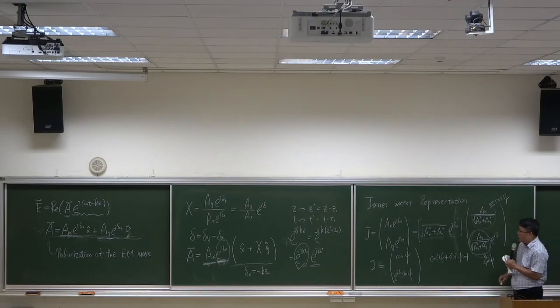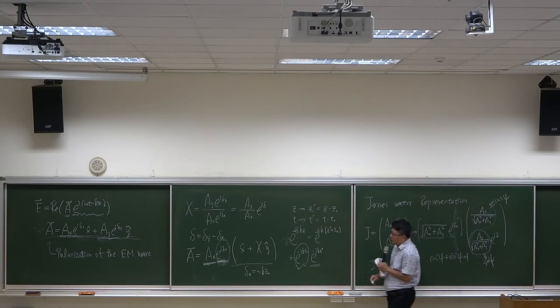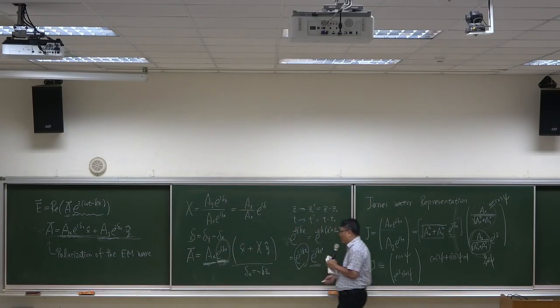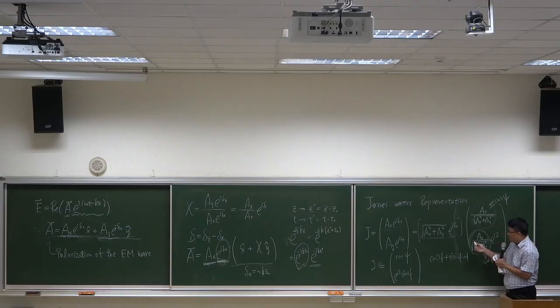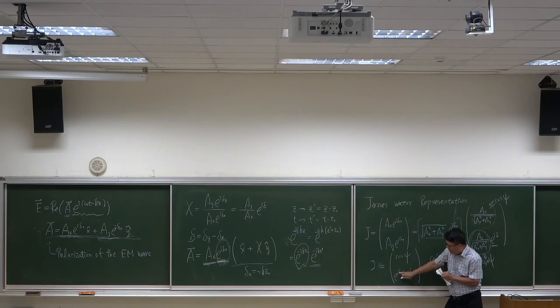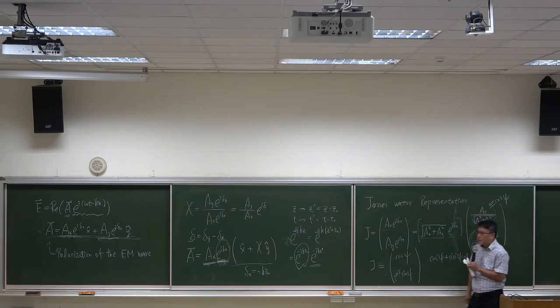We already know that the difference between delta_y and delta_x is defined as delta. So here we have an additional phase factor exponential i delta. So I can write this as cosine psi, exponential i delta times sine psi.